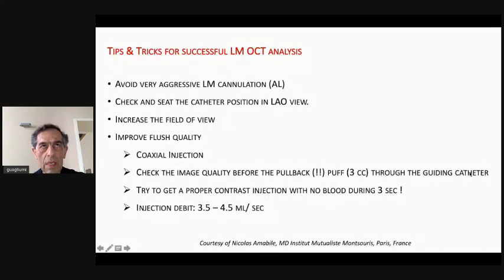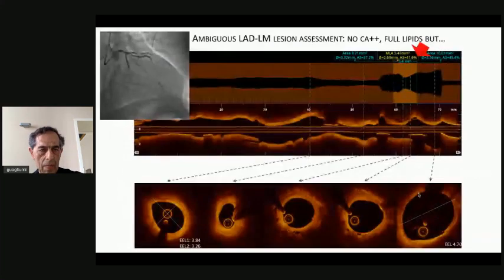Don't do the pullback if you have blood contamination. Try to get a proper contrast injection with no blood, 3 cc during 3 seconds of the pullback. And the injection should be between 3.5 and 4.5.